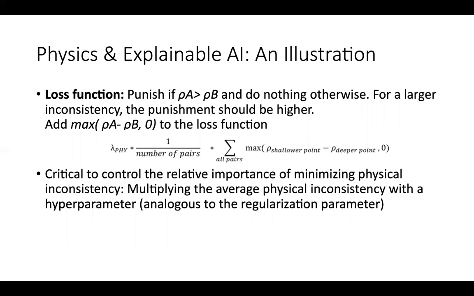That's why we are taking the max over all pairs and dividing that by the number of pairs when creating the loss function. And we can also control the relative importance of minimizing the physical inconsistency. This is analogous to multiplying the average physical inconsistency with a hyperparameter. And if you really think about it, that's very similar to how we think about regularization parameters.